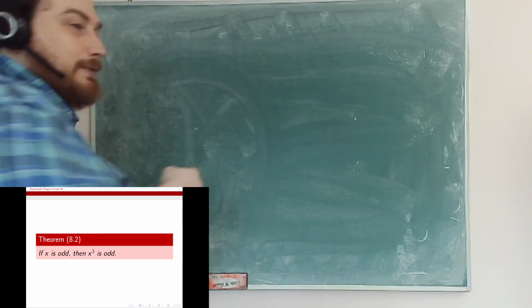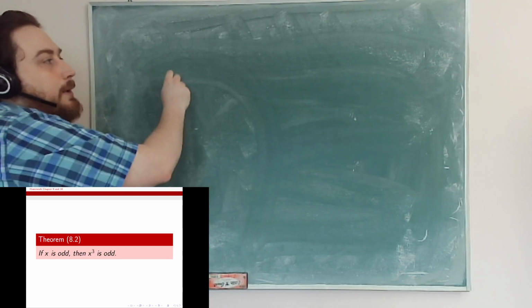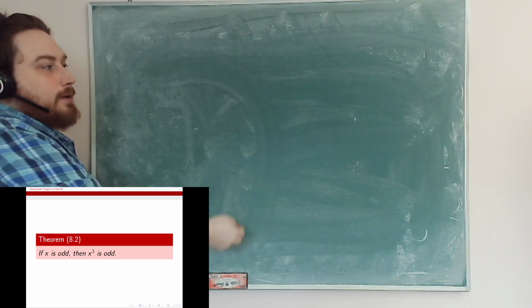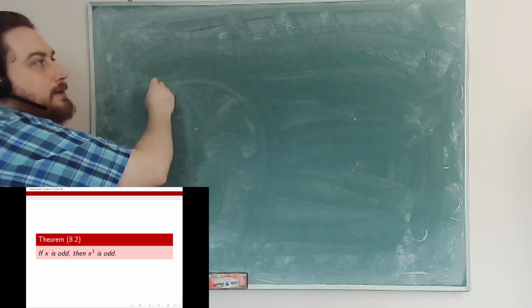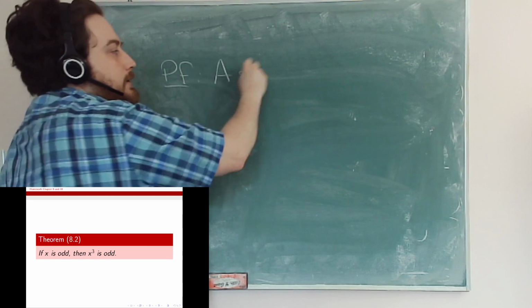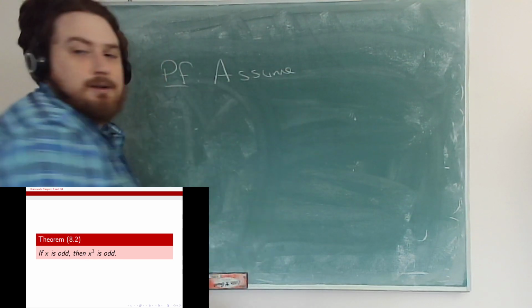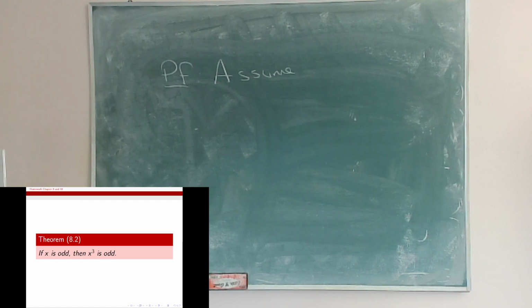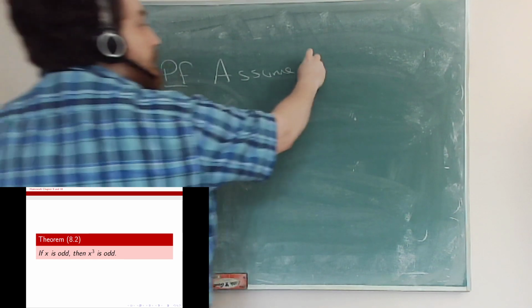Alright, so for a direct proof, what we want to do is we have if P then Q. We're going to assume P and show Q. So our proof is going to start as: assume that x is odd.